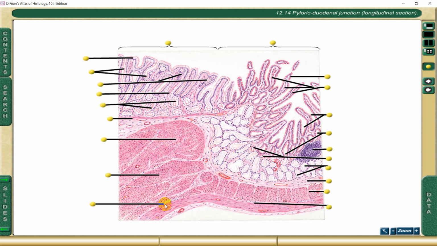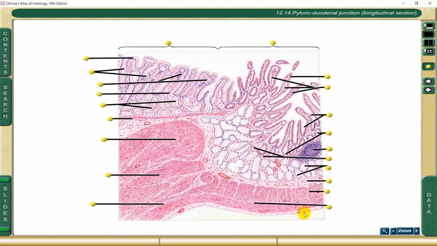Muscularis externa in the stomach has 3 layers, oblique, circular and longitudinal. Muscularis externa in the small intestine or the duodenum has just 2 layers, circular and longitudinal, inner and outer. The last layer, serosa, is just in the stomach.